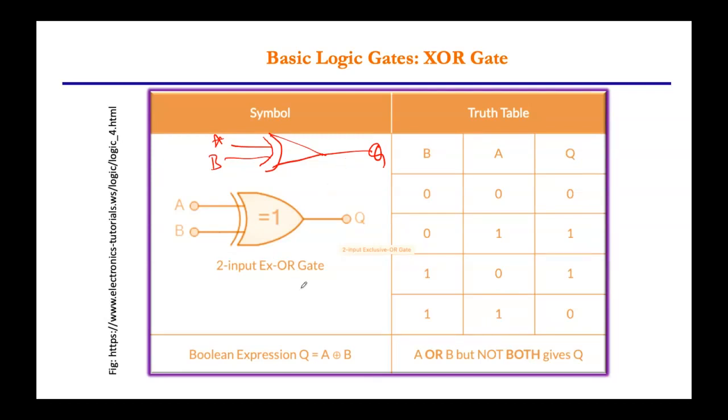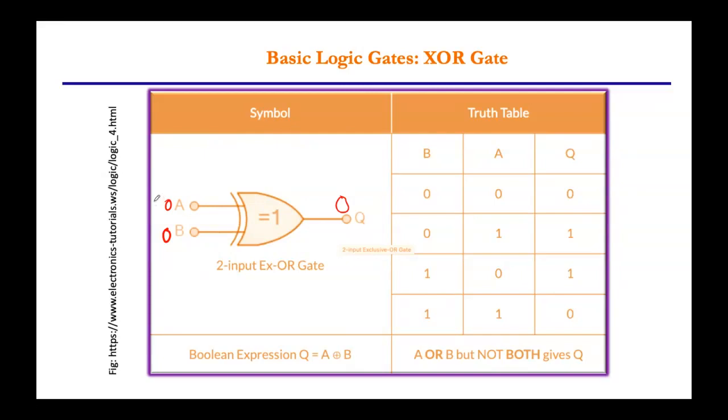Here the Boolean expression for this exclusive OR gate is Q is equal to A exclusive OR B, or it can be read as A or B, but not both, gives Q. It simply says that if both the inputs, A and B, are the same, then the result is 0.